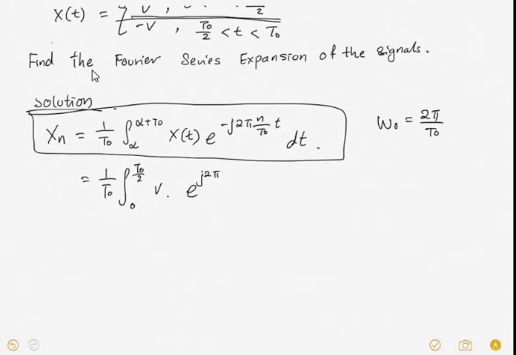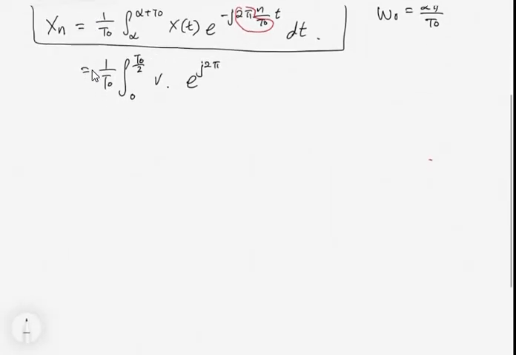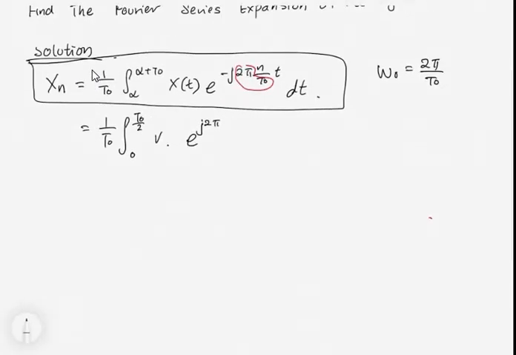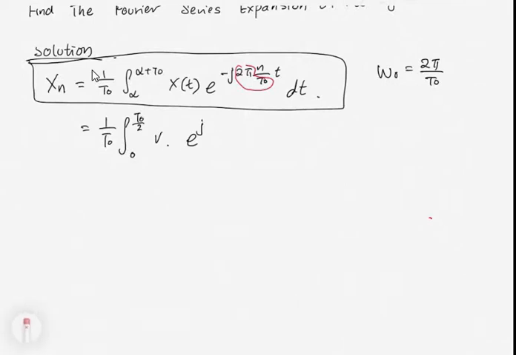Since in your formula you do have 2 pi over T naught, I just easily substitute it with omega naught, because 2 pi over T naught is quite long.